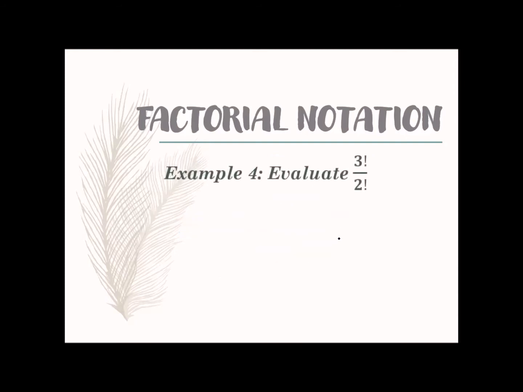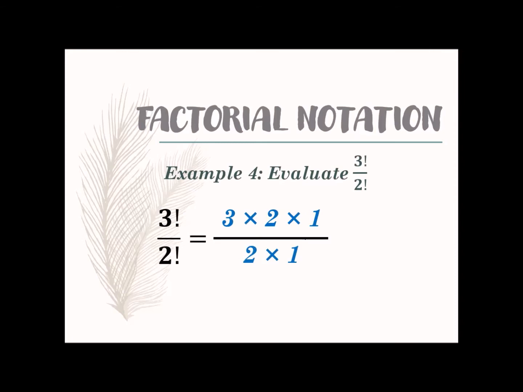Then another example. Let's now have a division. What if we have 3 factorial divided by 2 factorial? The same thing will be done. Expand again: 3 factorial is 3 times 2 times 1, all over 2 factorial, which is 2 times 1. Let's go back to our basic skills.